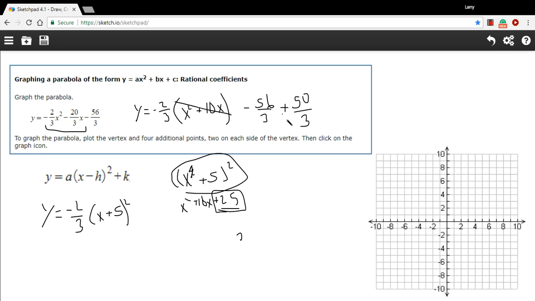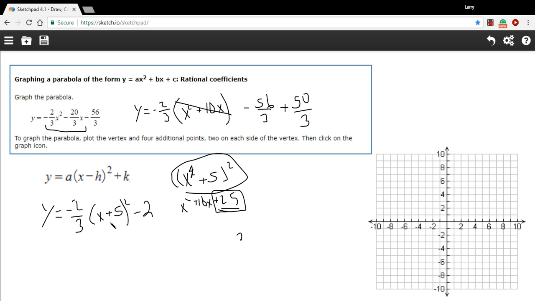And to balance that, I put in a positive 50/3, which is 25 times negative 2/3, over here. And then let's simplify this. Negative 56/3 plus 50/3 is going to be a negative 6/3, or a negative 2. So we've completed the square, and we've succeeded in putting this equation in the vertex form.